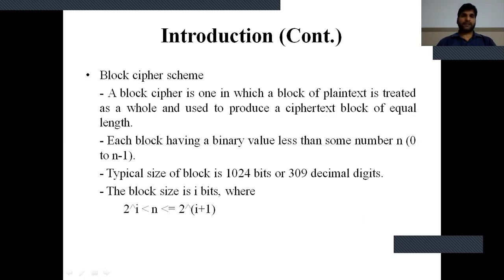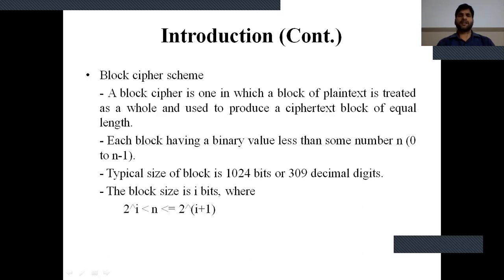In the block cipher scheme, a block cipher is one in which a block of plain text is treated as a whole and used to produce a ciphertext block of equal length. Each block has a binary value less than some number n, that is 0 to n minus 1.